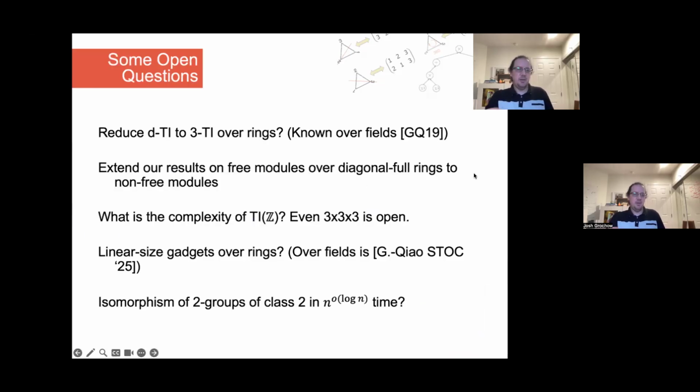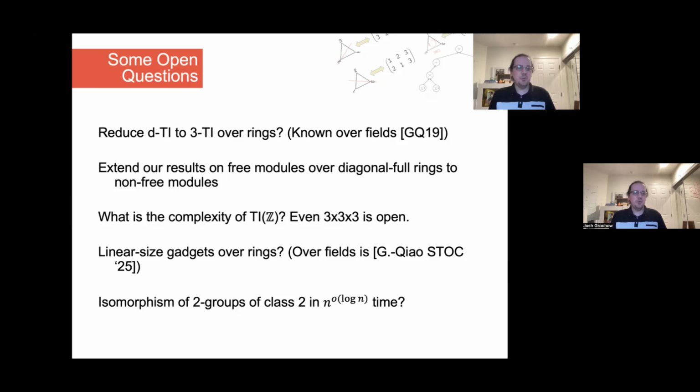So one question is, can we reduce d-tensor isomorphism to 3-tensor isomorphism over more general rings? Over fields, this is known from a previous result. Our current paper doesn't cover this case. Another question is, can we extend our results on free modules over diagonal full rings to non-free modules?